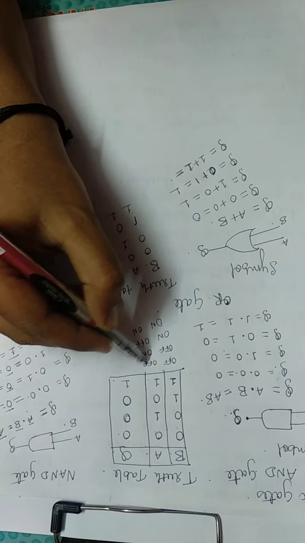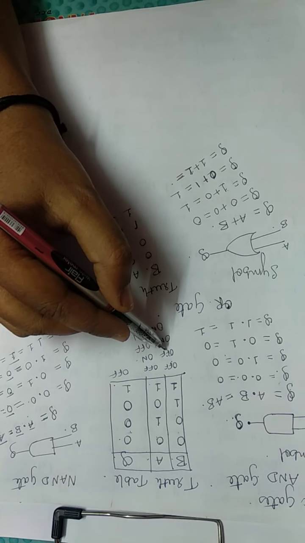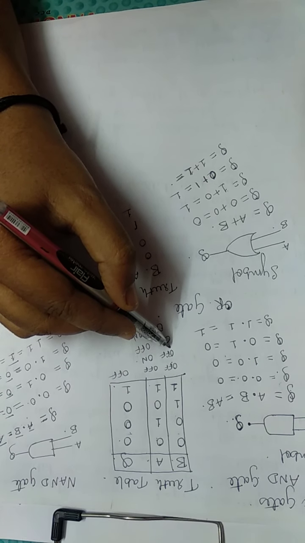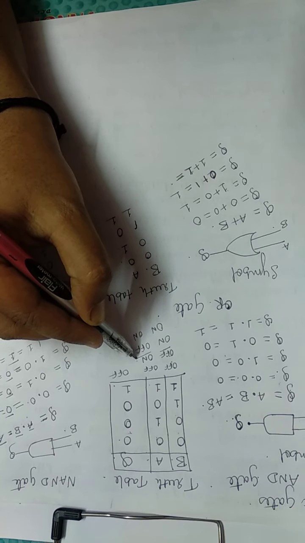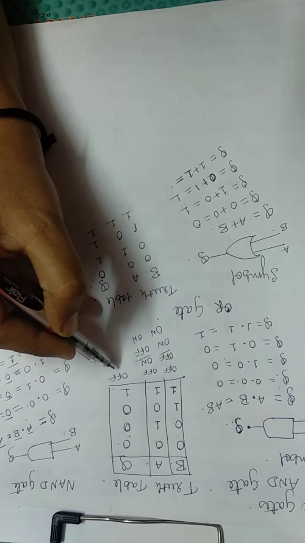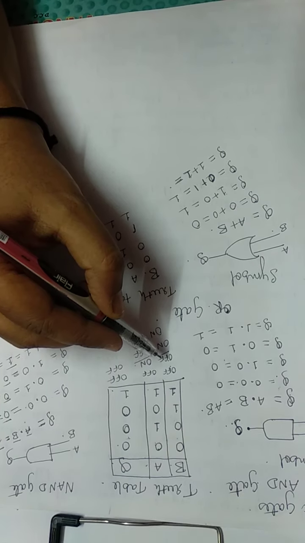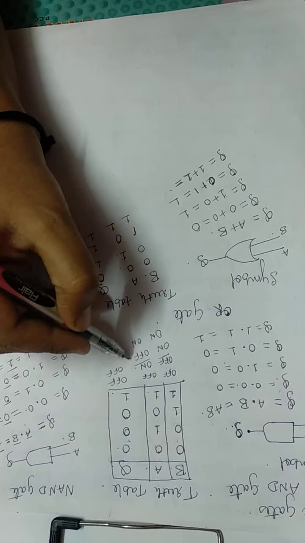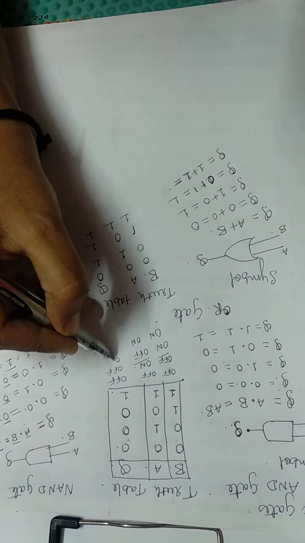When both are 0, then it will become 0 only. It will become off. When one input is off and one input is on, then the answer will be 0. If we multiply 0 into 1 or 1 into 0, the answer will be 0 only. You can write it as off.